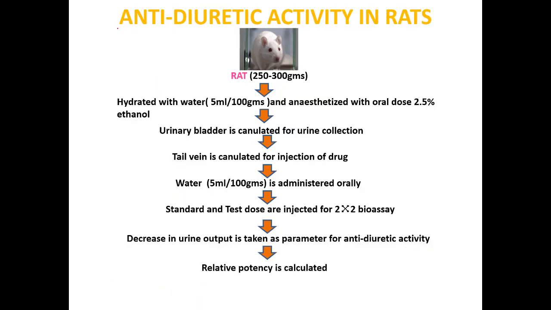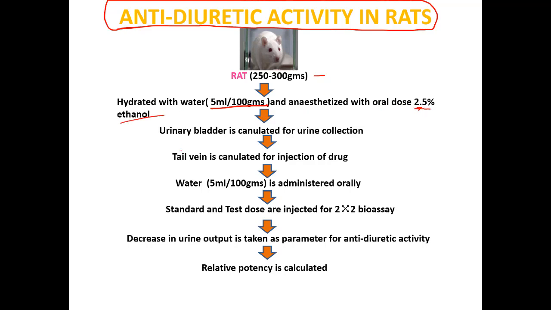Next one is antidiuretic activity in rats. First we have to take a rat which should be between 250 to 300 grams. First we have to give water to it, 500 ml per 100 grams, and then we have to anesthetize the rat with an oral dose of ethanol, like 2.5 percent ethanol, and then we have to cannulate the urinary bladder to collect the urine.